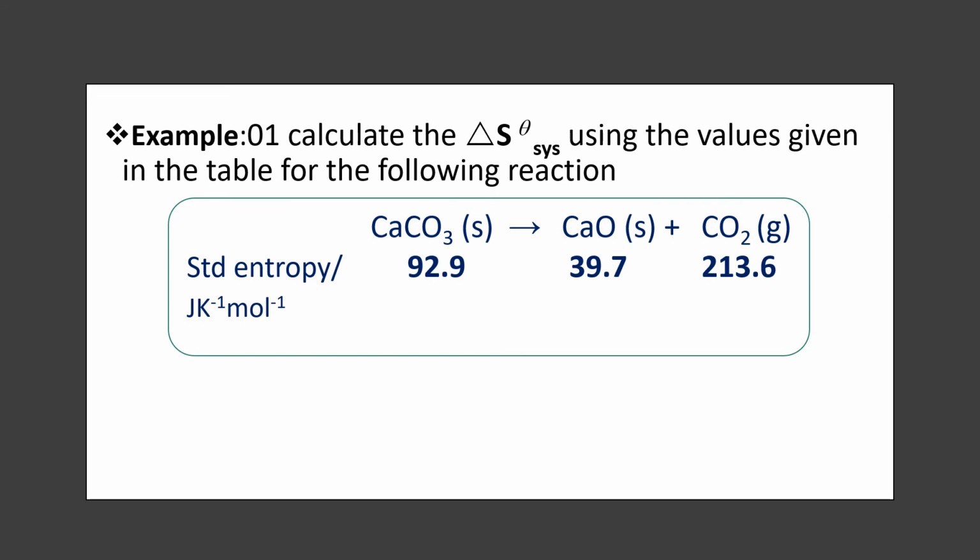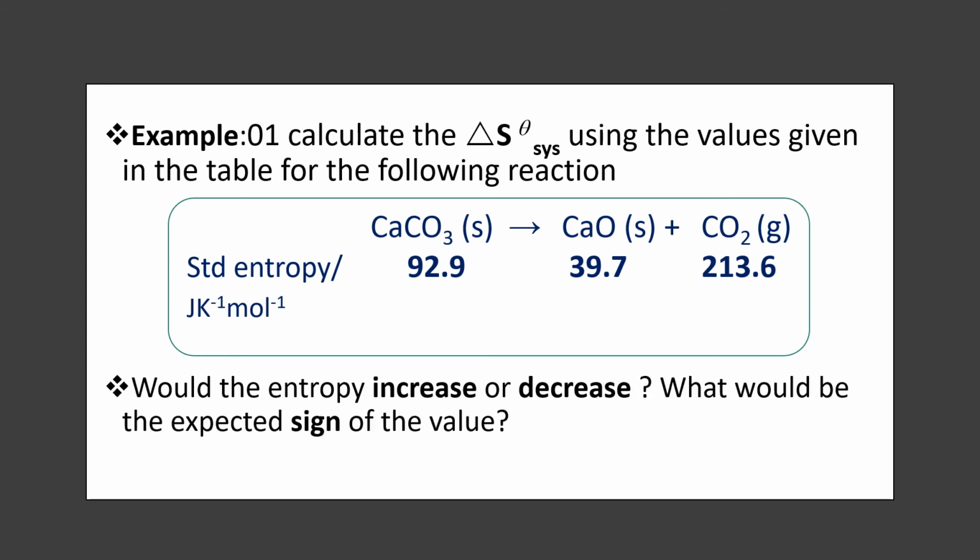Now, before you rush into doing the calculation, can you tell me if the entropy will increase or decrease by just looking at the equation? This will be based on your previous examples of today. Therefore, what would be the expected sign of the entropy value as well? What do you think? Think of that clue box which we tried with the earlier examples.